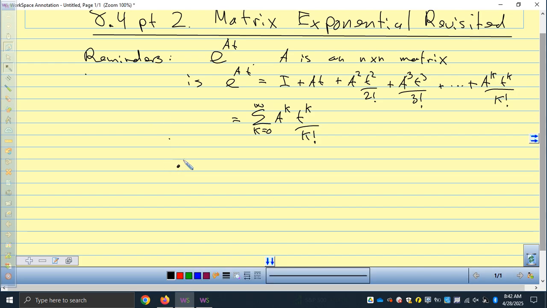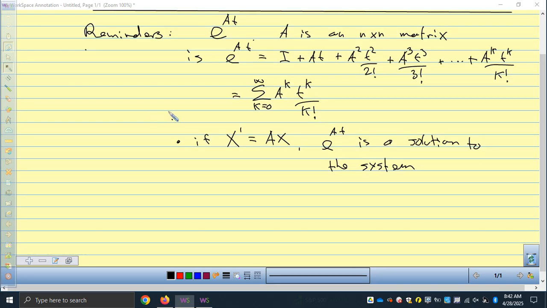The reason we talked about it in chapter 8 is that if x prime equals Ax, a system of differential equations, e to the At is a solution to the system. So that's why the matrix exponential is important and useful. The derivative of e to the At is A e to the At.